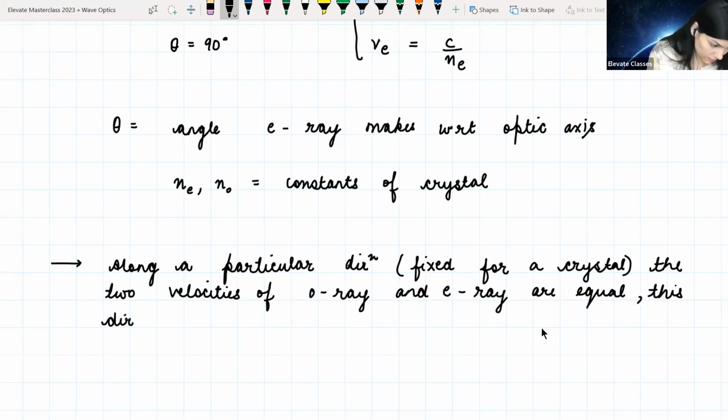This direction is known as optic axis. Okay, so this is a direction.